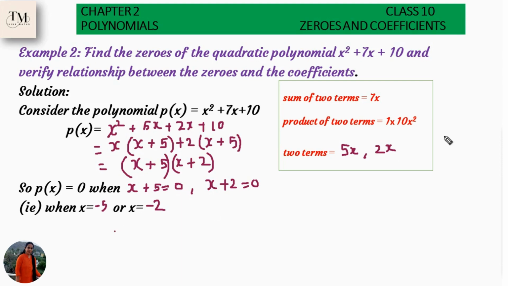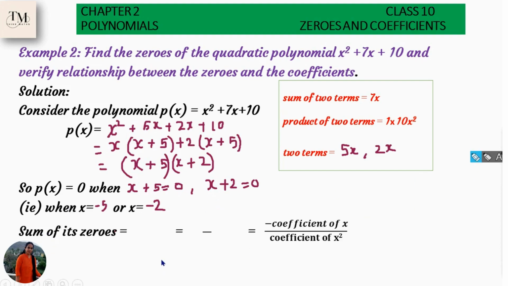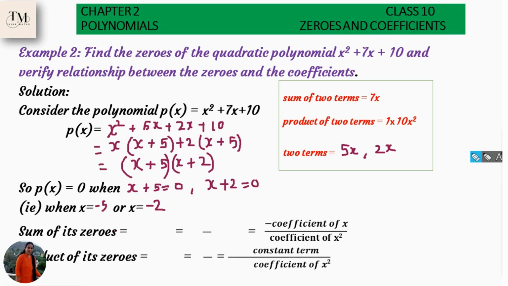Now we have to find the relationship between the zeros and coefficients. So we have to find the sum of the zeros and the product of the zeros and show they are equivalent. So what is the sum? The sum is minus 5 plus minus 2, which is equal to minus 7.